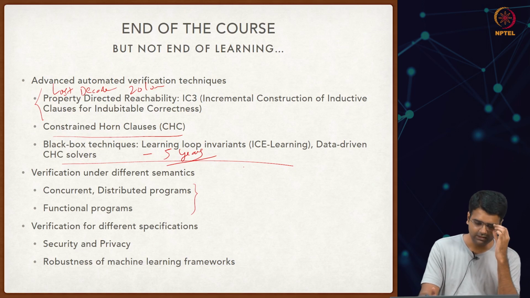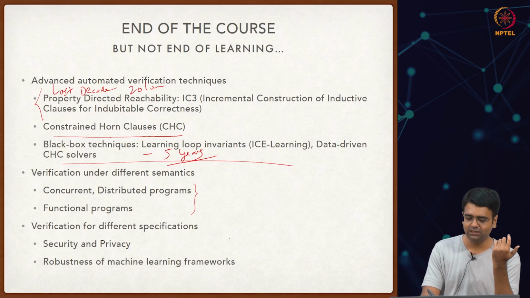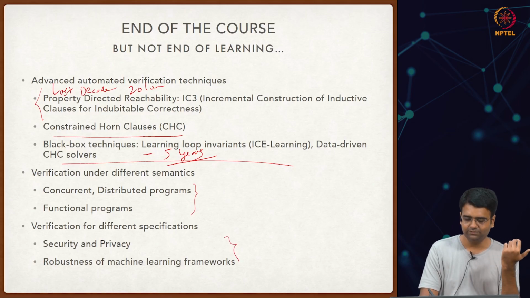And of course, so far we only talked about programming paradigms, but what about the safety specifications? What about the correctness properties that you want to verify? There are new kinds of properties that we are interested in: security and privacy, meaning protection against cyber attacks.